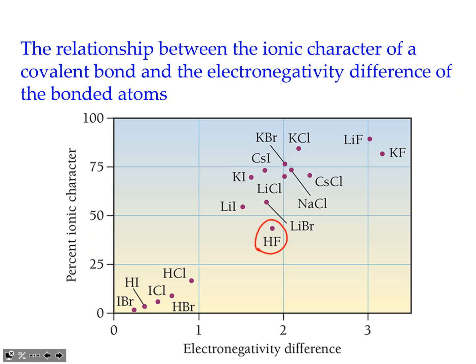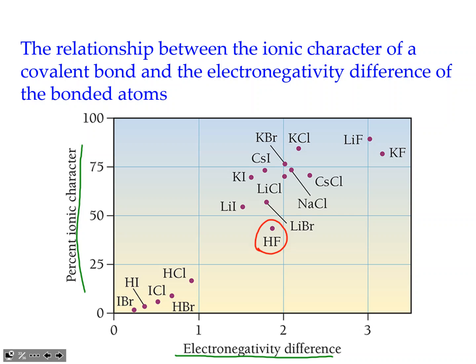This graph shows electronegativity difference across the x-axis, and it's also looking at the percent ionic character. So HF seems to be shifted over in electronegativity difference, not as high in ionic character, but it does seem like it belongs in the other group. So why do we not put HF in the other group? This is why.